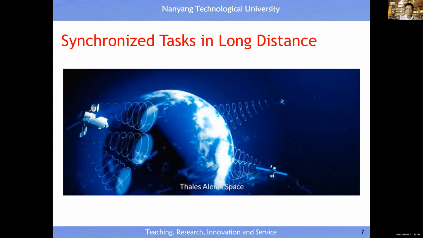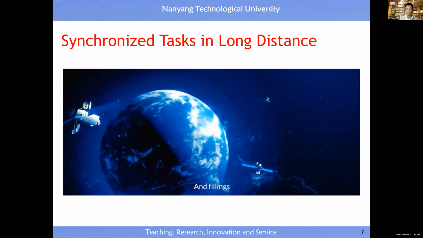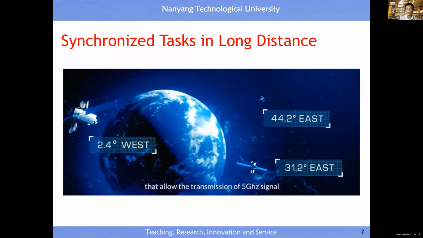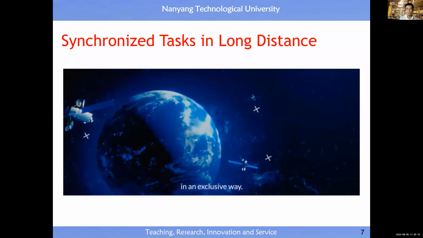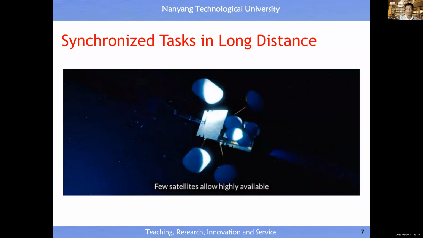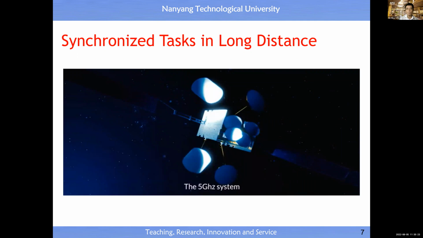Thales Alenia Space brings to the system several orbital position and fillings that allow the transmission of 5 GHz signals in an exclusive way. Few satellites allow highly available and safe services around the entire world. The 5 GHz system is a breakthrough innovation to push further UAV applications.